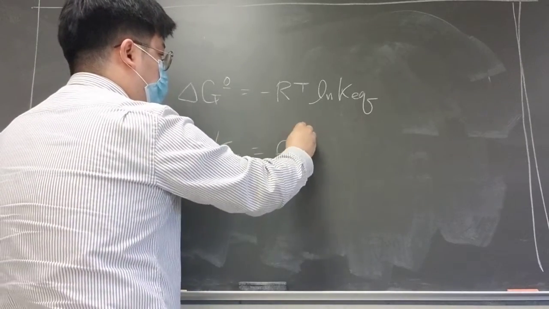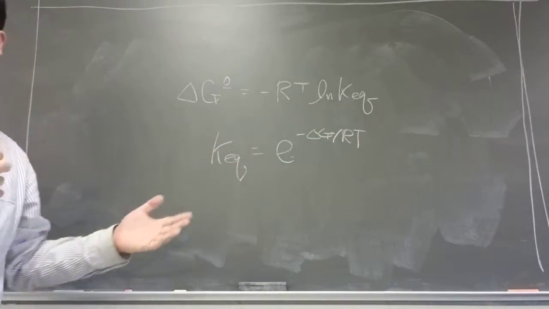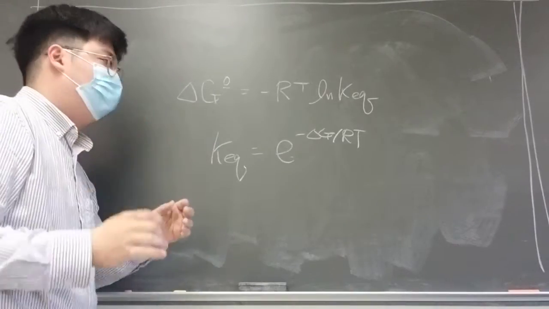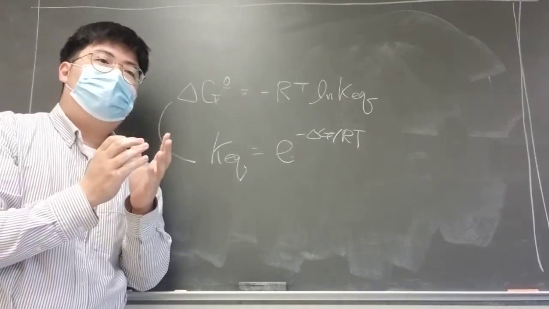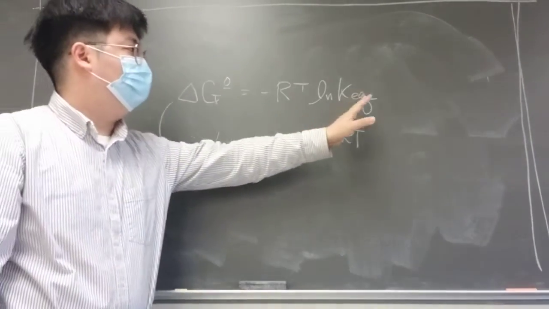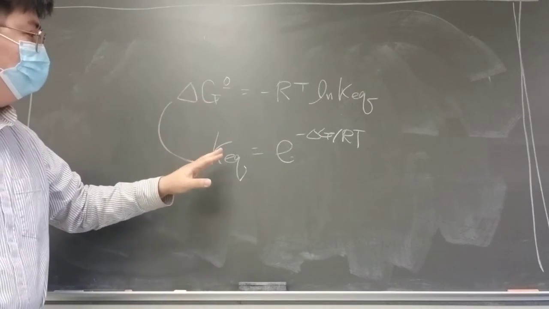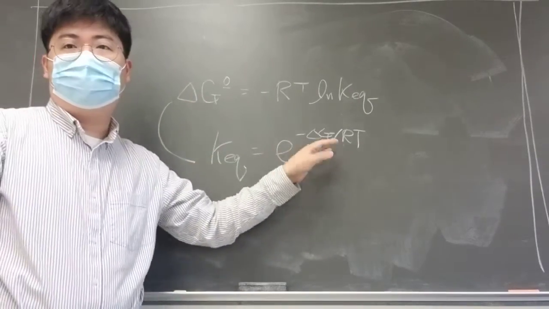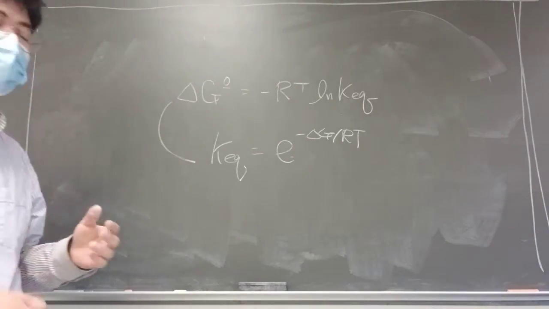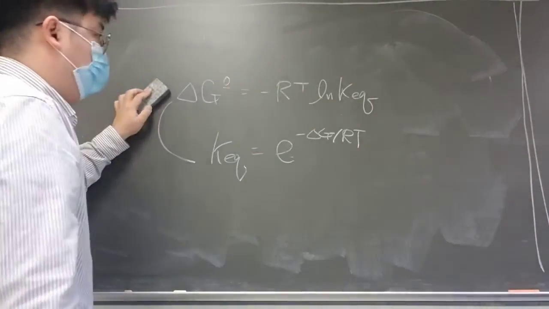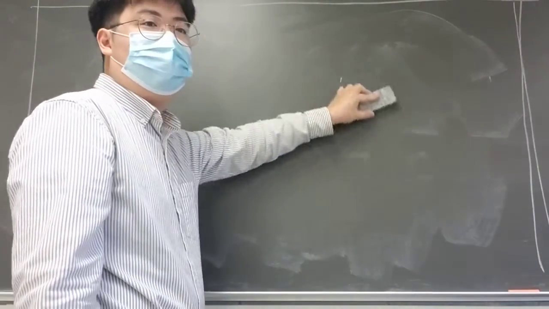You can actually find the equilibrium constant from delta G, or delta G from the equilibrium constant, either way. So this is the relationship they have in chemical reactions. Certainly you don't have to know it for the exam, but there is quite a strong relationship between these two.